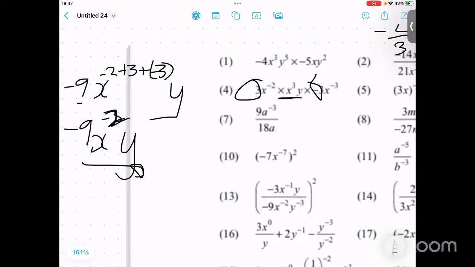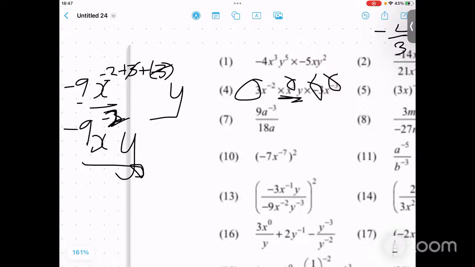Hence Ule has x to the power of -2 plus this 3 plus the -3. So the positive 3 is going to cancel that -3, and after working out the x's, we are left with just y. So y doesn't have any friend, any cousin whatsoever. So we're going to have -9x to the power of -2, y. And this is going to be our final answer.